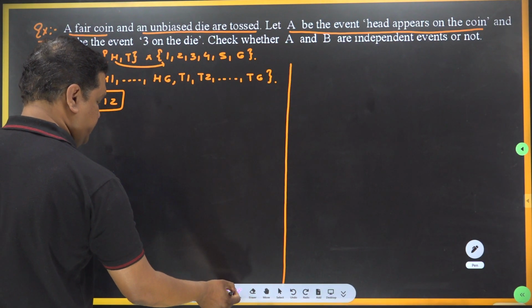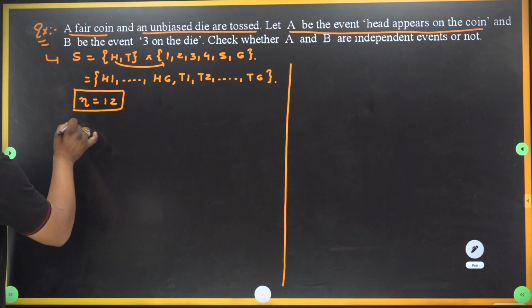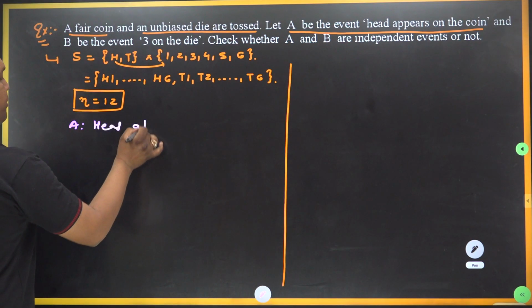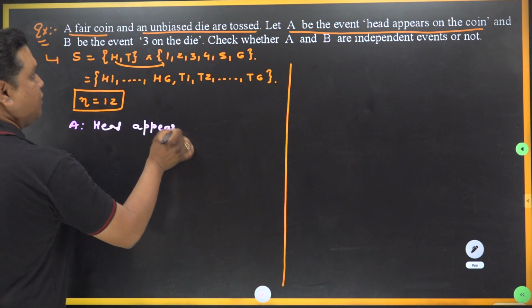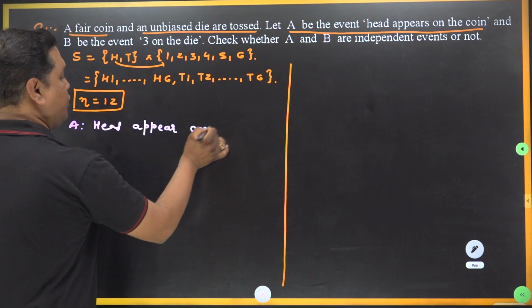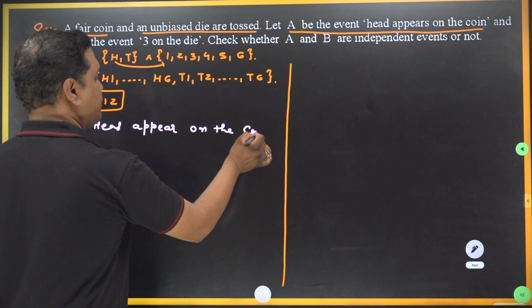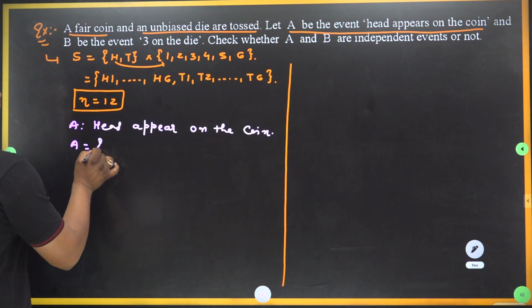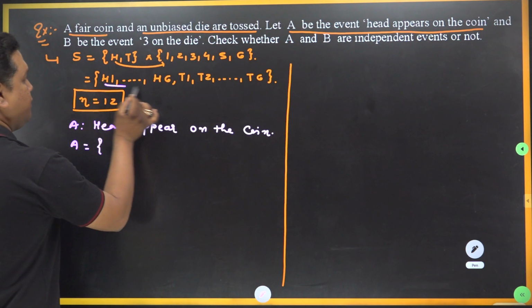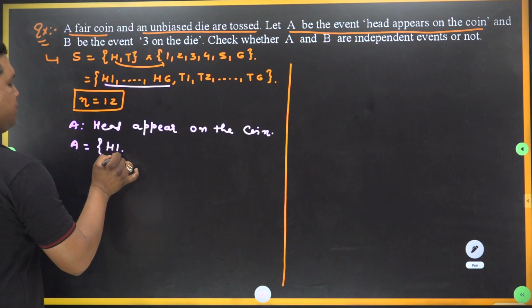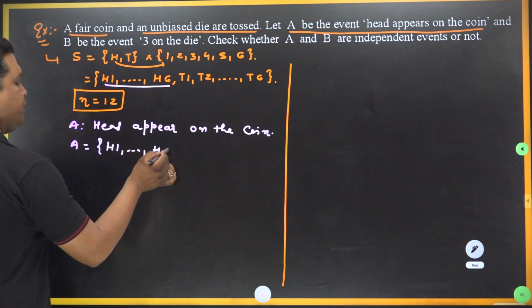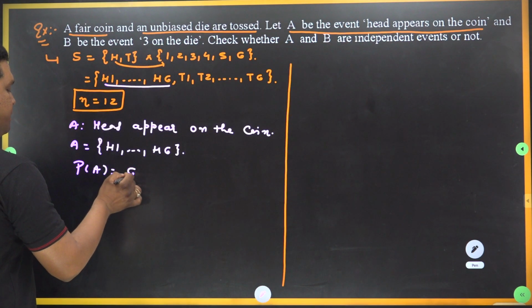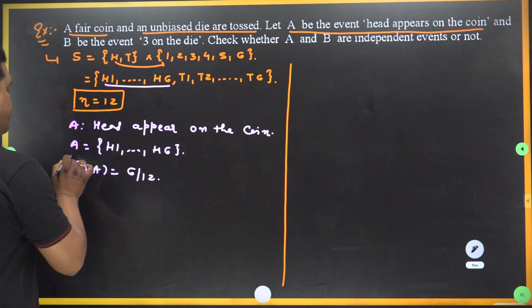So event A, head appear on the coin. चलिए हेड appear on the coin, तो हेड appear H1 to H6, P of A 6/12.